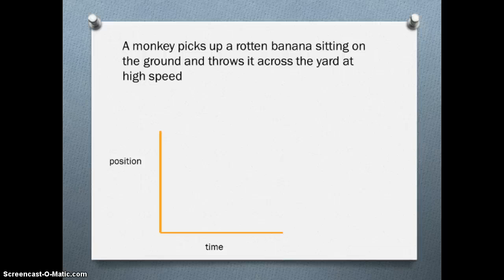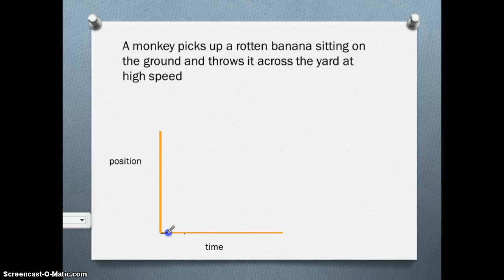Okay, so let's take a look at this one. This one kind of threw people too. A monkey picks up a rotten banana sitting on the ground and throws it across the yard at high speed. The monkey might not be moving very much in the beginning, but then starts to move.